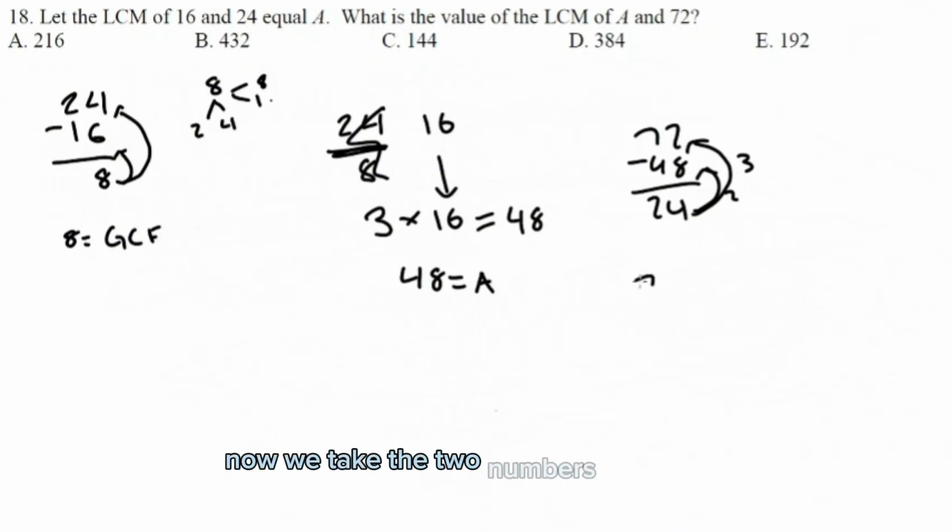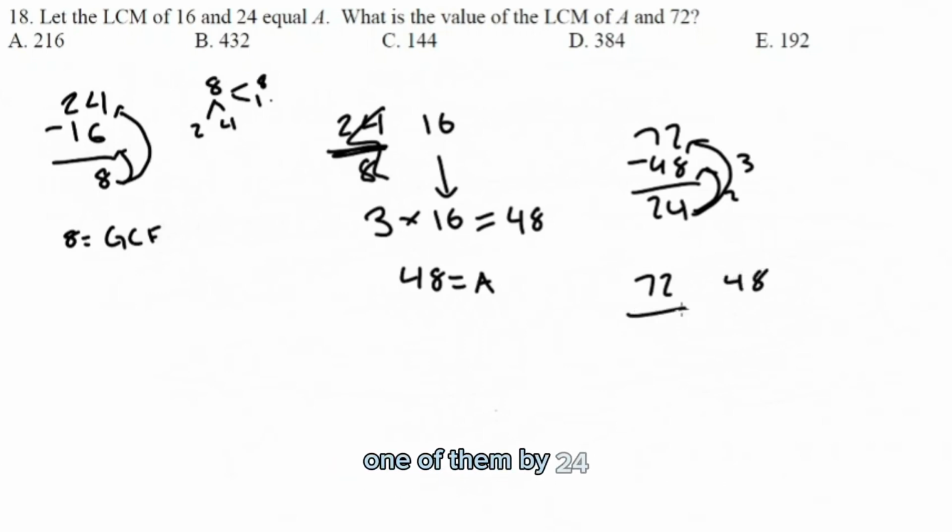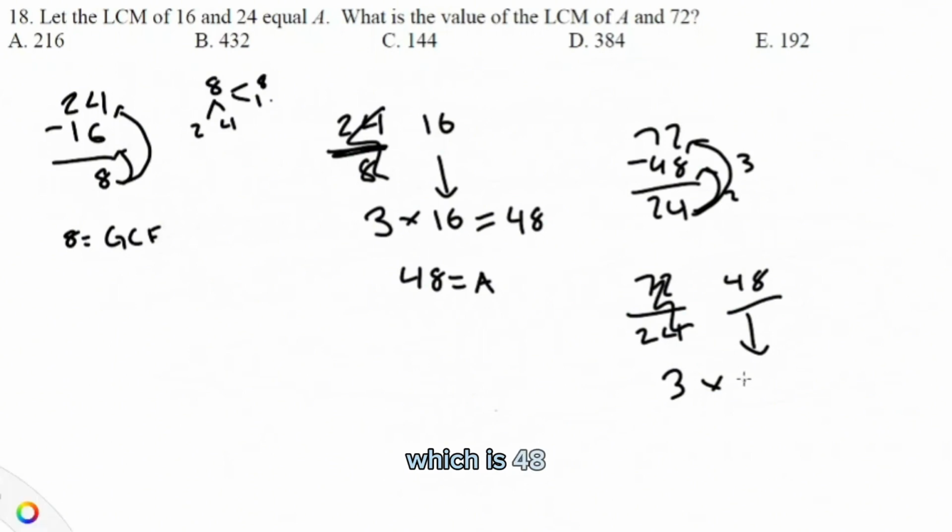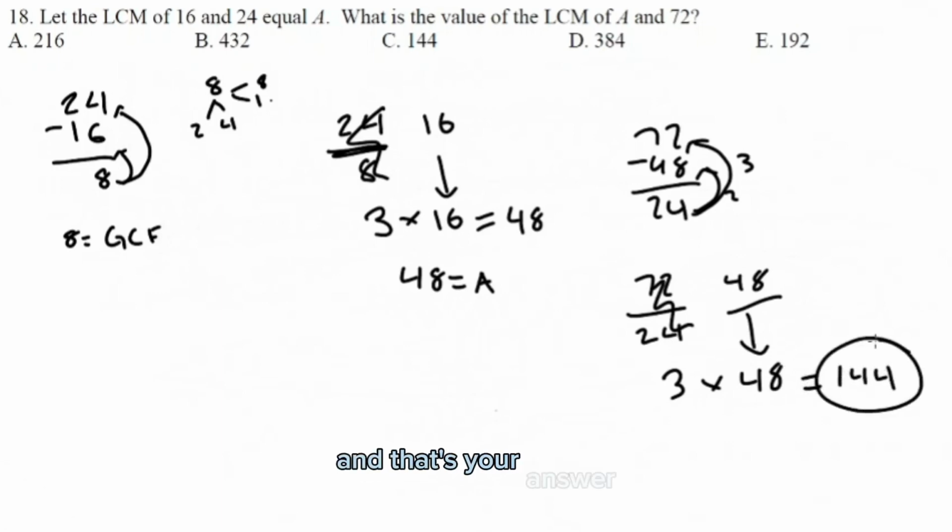Now we take the two numbers, 72 and 48, and divide one of them by 24. 72 divided by 24 gets you 3. Now you just do 3 times the other number, which is 48. 3 times 48 is 144, and that's your answer.